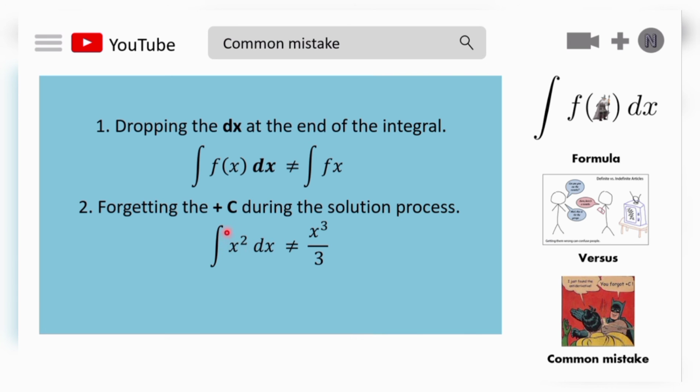When we integrate x squared dx, it is not the same as just x cubed over 3. Even though this is correct, it is a common mistake that students always make. Then this will be correct.